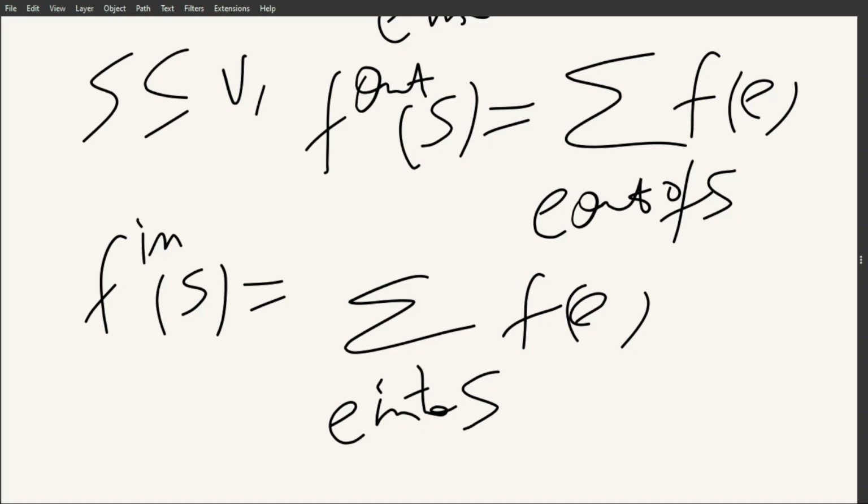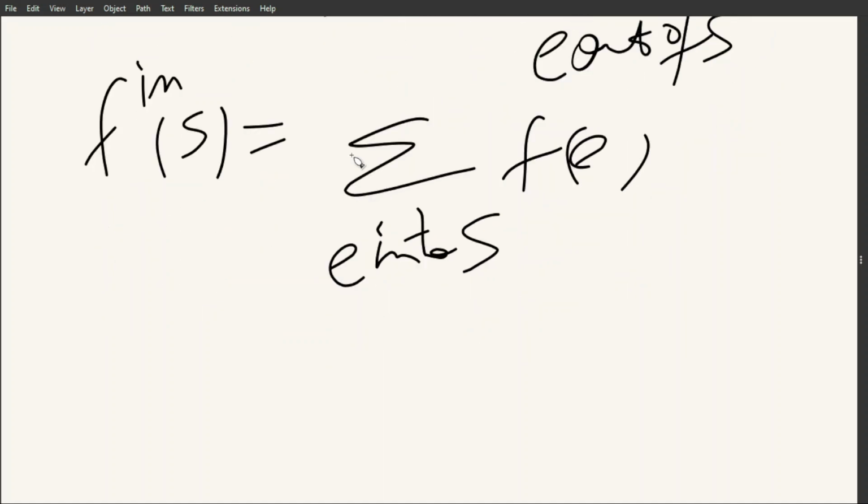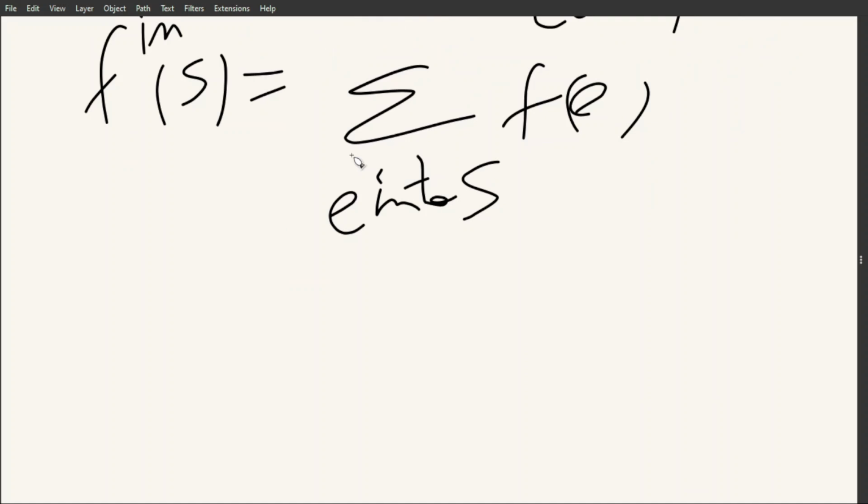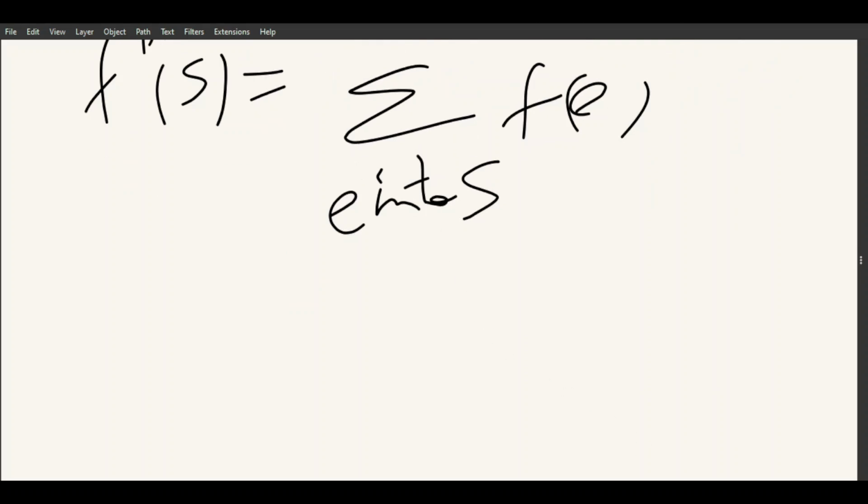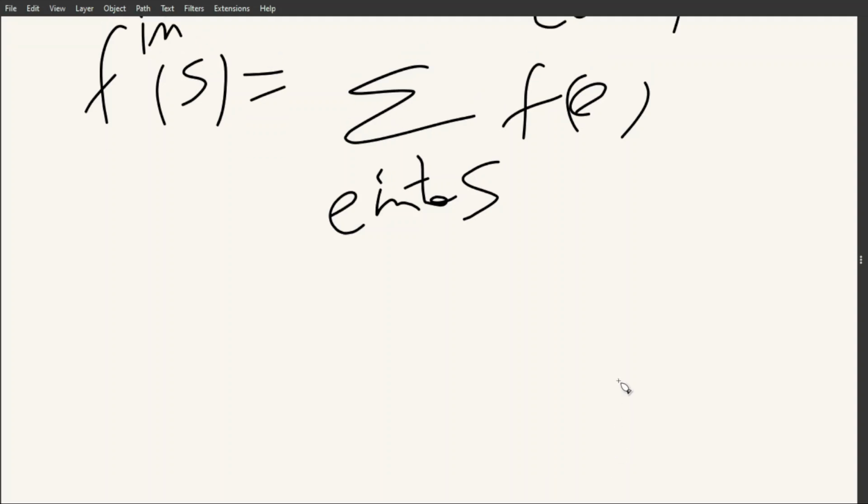Now conservation condition: take any vertex, flow in should be the same as flow out. So we write the conservation condition using this notation.